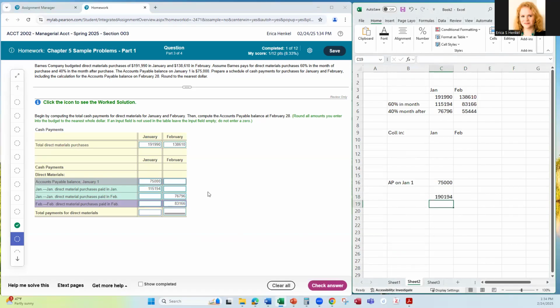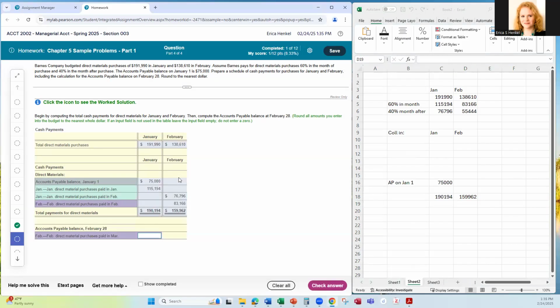All right, so what we're paying in total here is these two in January, so 190,194. And then in February, we are paying this amount, just adding those two together, okay?